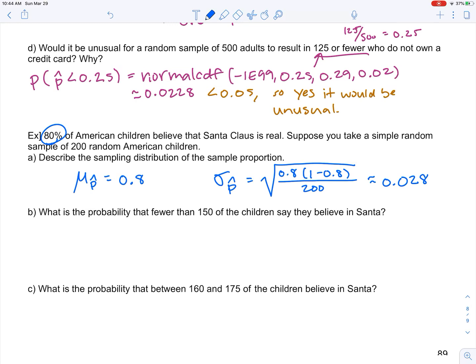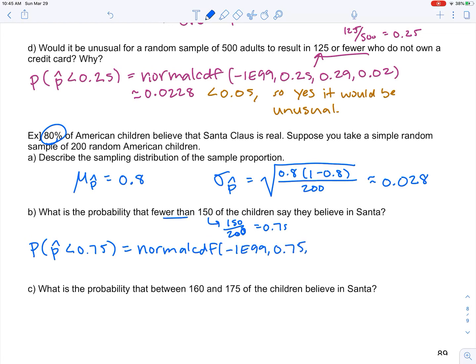What is the probability that fewer than 150 of the children say they believe in Santa? Don't forget that the random variable is p hat, which is a proportion. So this needs to be converted into a proportion, 150 over 200. It's 0.75. And it says fewer, so we're looking at the probability that p hat is less than 0.75. So we will use a normal CDF.